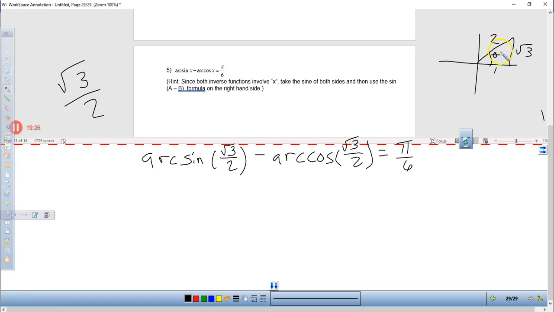So there's arc sine going across from the angle theta to root 3. That is 60 degrees, or pi over 3. And then, I'll start right here. Arc cosine, we can go from the same one. It moves around a little bit though. Root 3 is here. Now that I've got this picture, this is obviously some version of 30 degrees, or pi over 6.